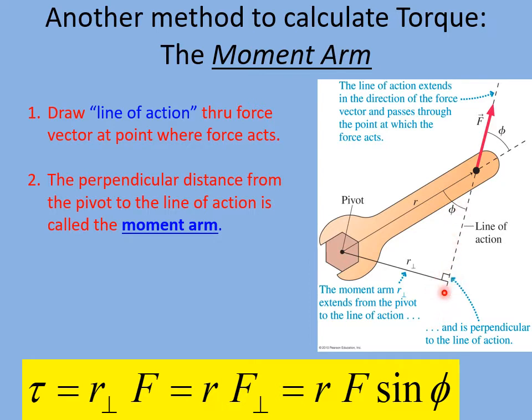So there are two ways of stating the torque. We can say it's either equal to R perpendicular times the force, or the radius times the perpendicular component of force. But either way, we get the same geometry with this right triangle, whether we use this right triangle here, angle phi, or this right triangle here, it has the same angle phi. We always end up with RF sine phi.